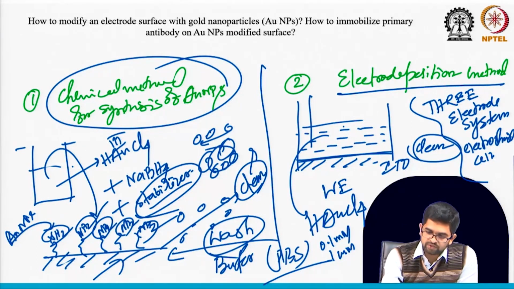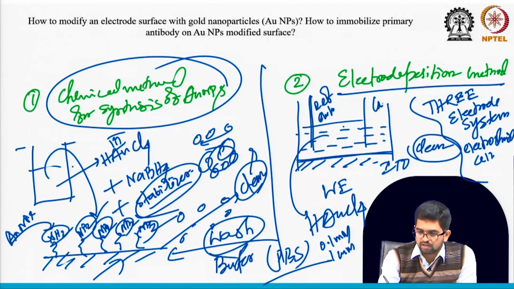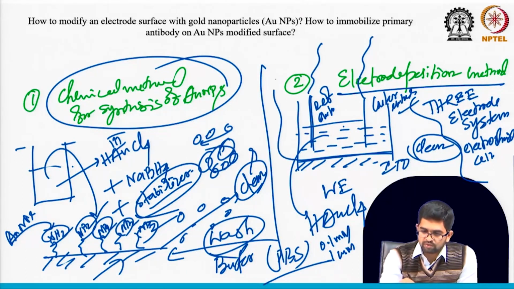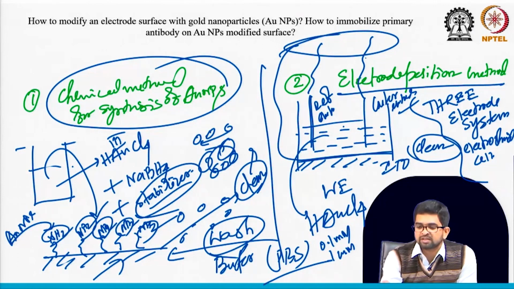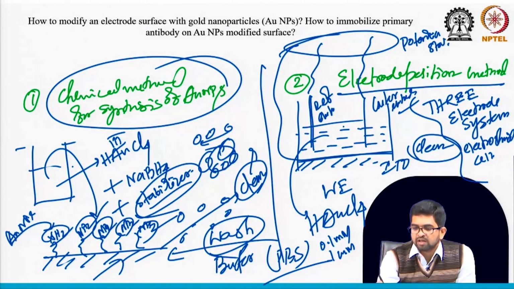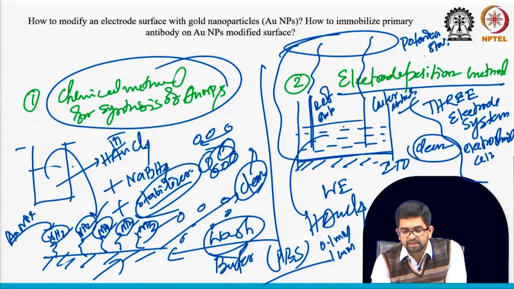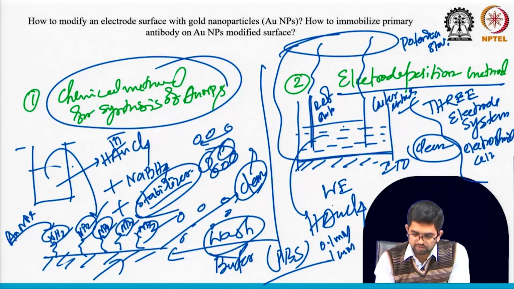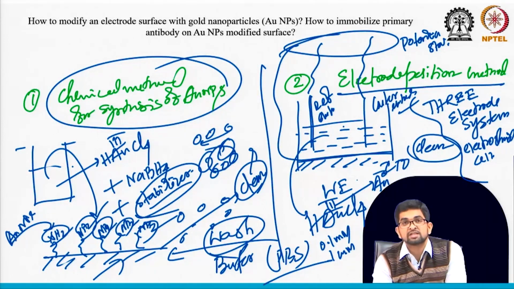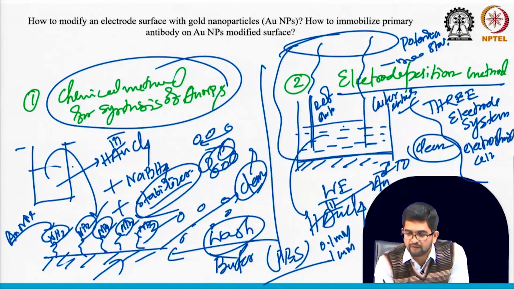Then you can dip your reference electrode and your counter electrode. So, reference electrode, counter electrode, your working electrode, then connect all three to a potentiostat, right? In the potentiostat, generally we apply a negative potential, so that your HAuCl4, which is in the 3 oxidation state, will go to gold nanoparticle, which is the 0 oxidation state.